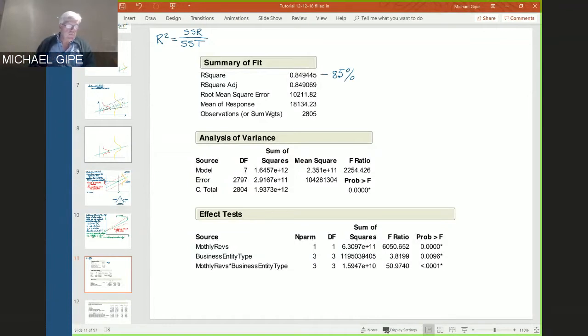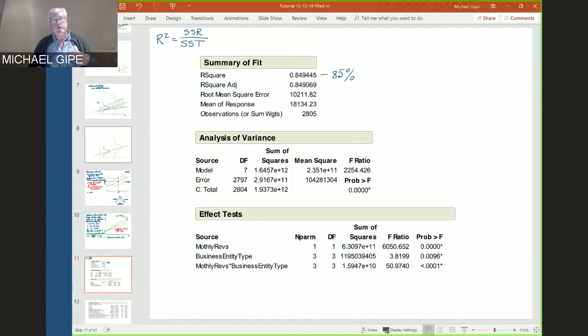Now we have this thing everybody keeps asking about, R squared adjusted. Well, R squared adjusted is compensating for the fact that we're trying to extract a lot of information from this set of data, and as we add more and more variables that we're trying to extract from the data, the coefficients of each x variable, the R squared gives us a little bit of an exaggerated evaluation of the effectiveness or the usefulness of this model.